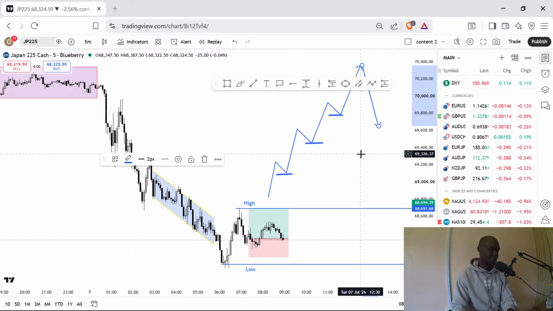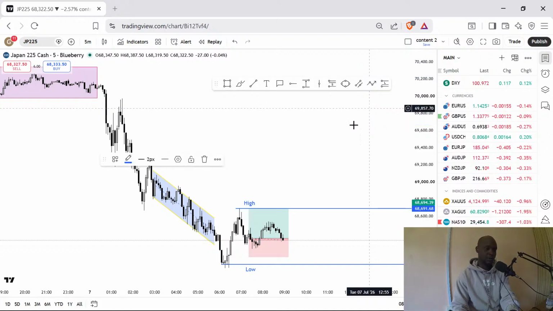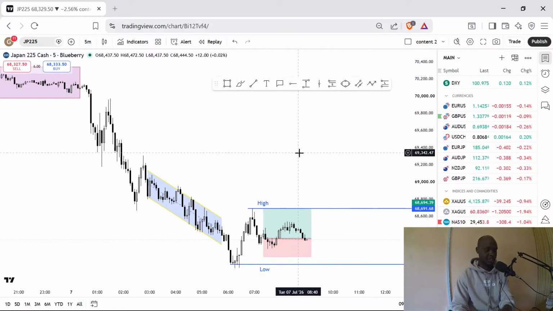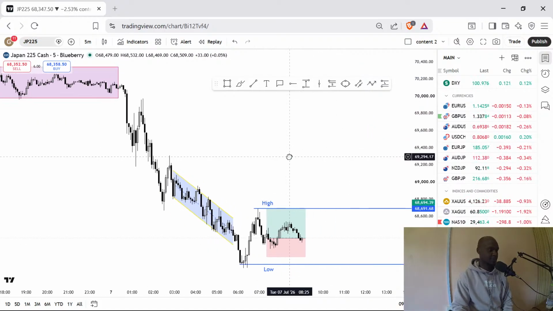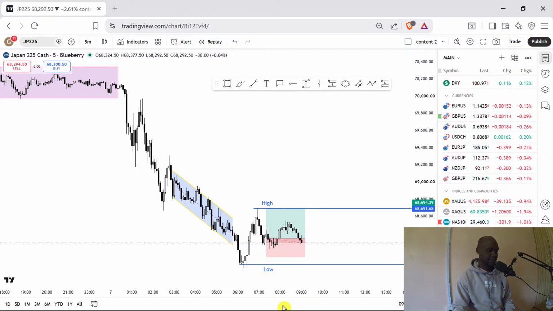So that's normally how I manage my trades. I do not have a set TP. This just allows me to ride the wave as long as possible so that I can maximize profits without losing all the profits in case price decides to reverse.